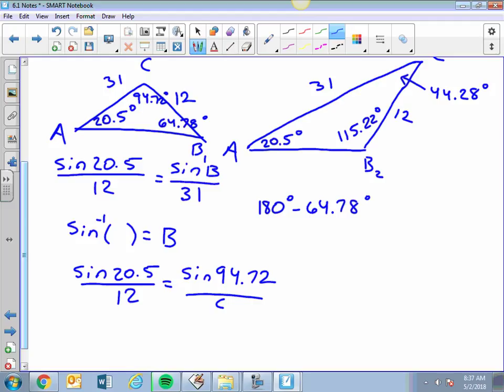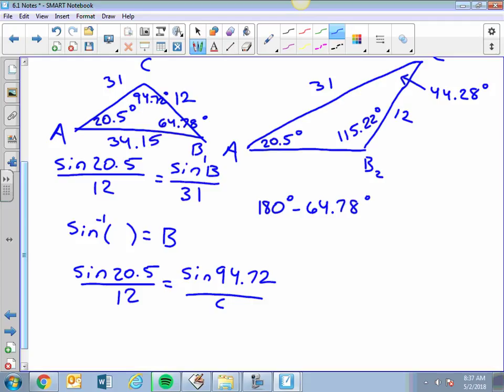So I have 12 times sine of 94.72. We would divide that by sine of 20.5. Okay, so we get 34.15.